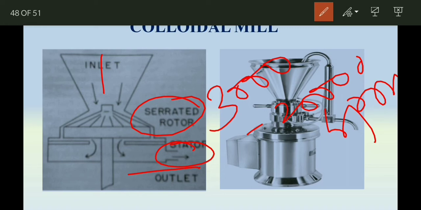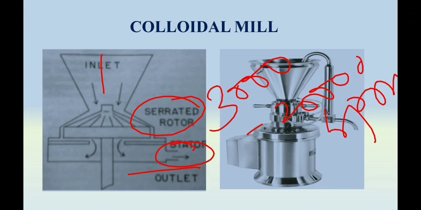To reduce wear, the rotor and stator are constructed using toughened steel. The rotor of a colloidal mill can differ from one machine to another, but the operating principle is the same for all. Each manufacturer incorporates specific features that result in changes in operating efficacy.